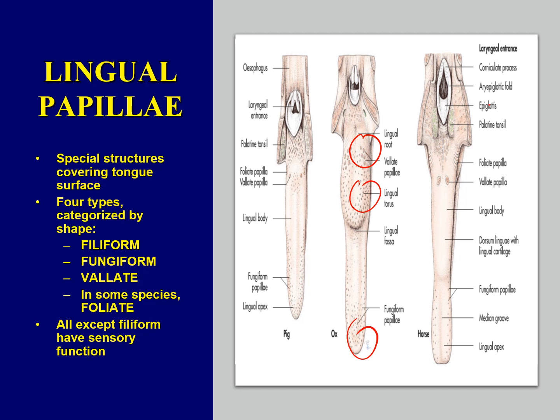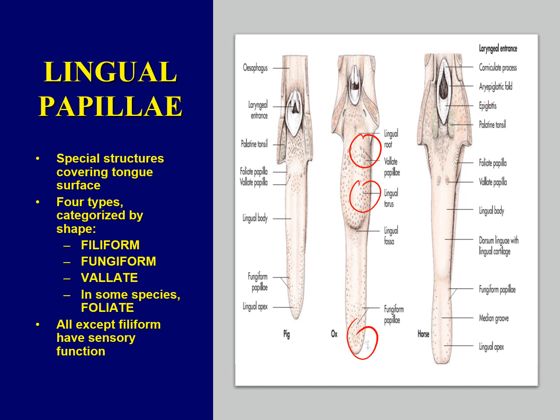All of this is the responsibility of the taste bud. Mostly we have 6 different types of these lingual papillae, but the more common are the filiform, the fungiform, the vallate, and sometimes we have the foliate. All of them are gustatory except the filiform.